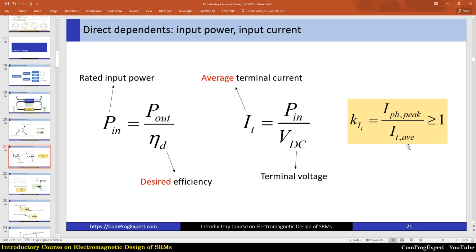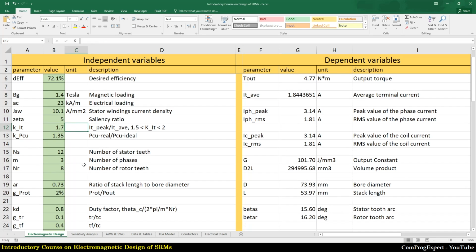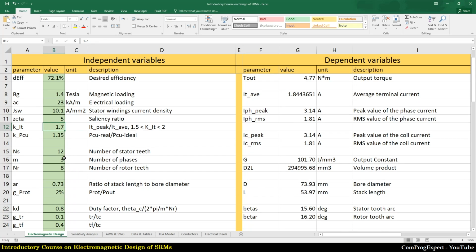This fraction is higher than 1. Yes. So when we set this parameter correct, we can do the motor sizing correct, right? So this is important. And we have this number here, KIT.